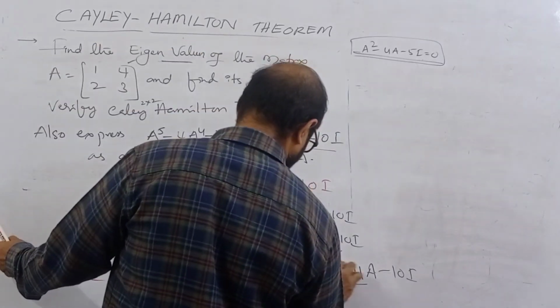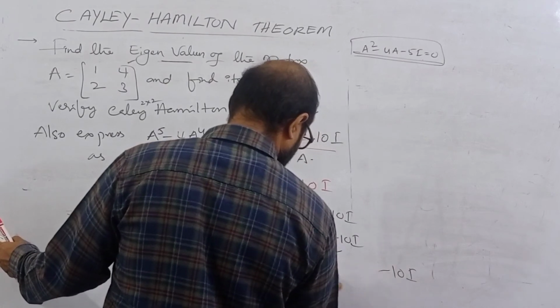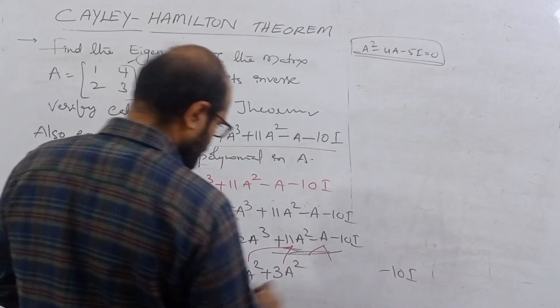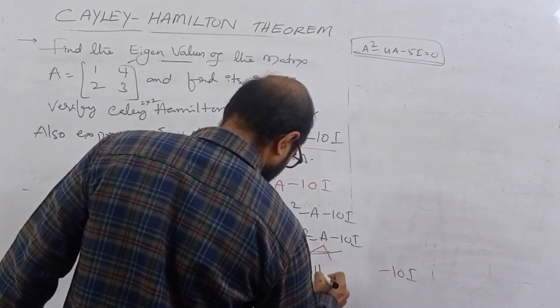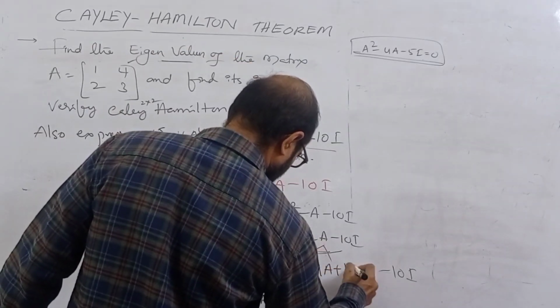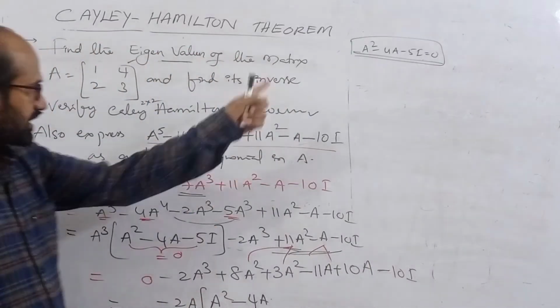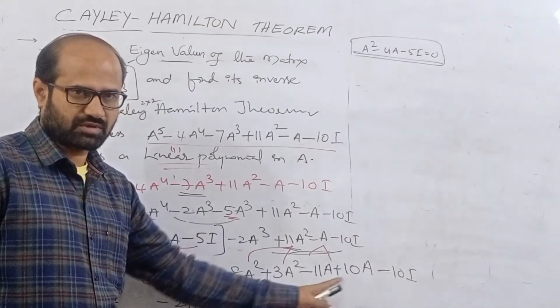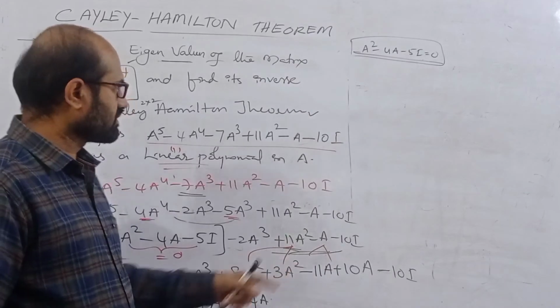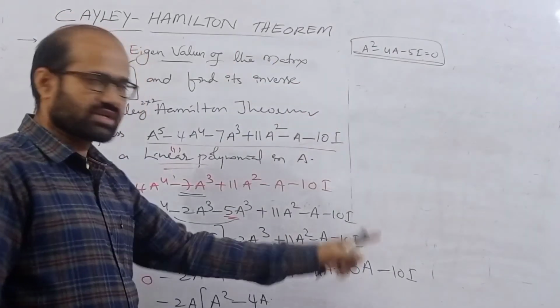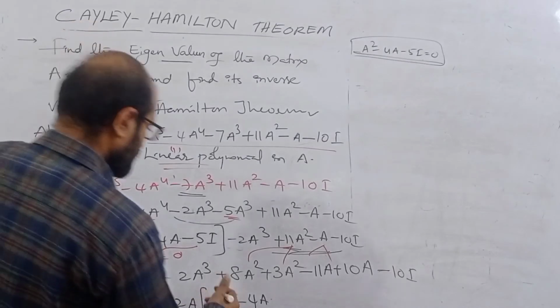So I want 5, therefore it depends on the problem. You can choose. I can write minus 11A plus 10A. No, because I want minus 5, that is why I am changing. Keep in mind that minus 5. If it is a different question, keep the characteristic equation in mind and you can change these values.